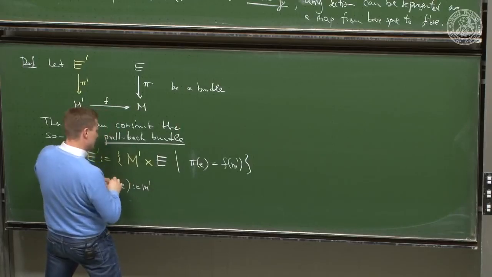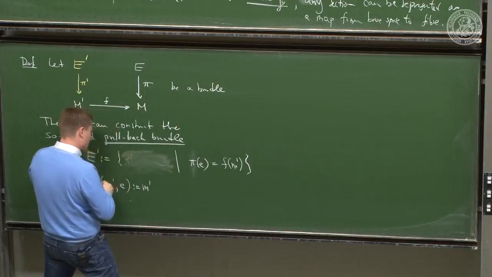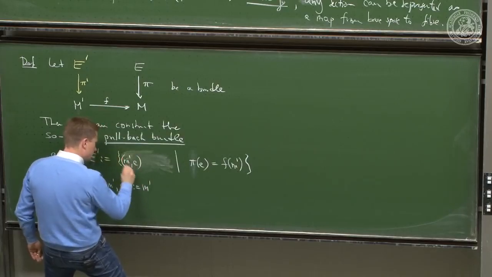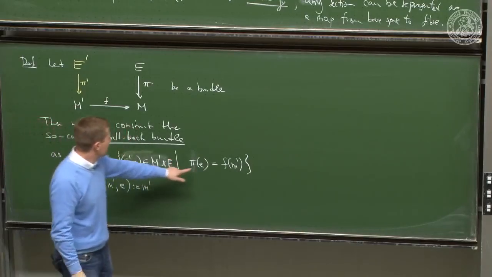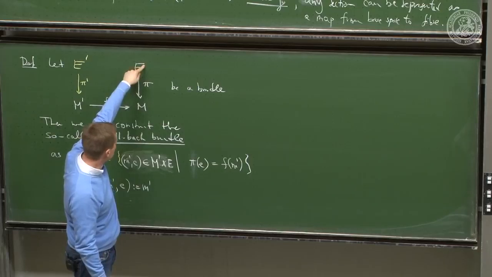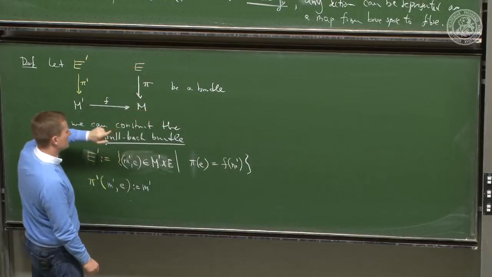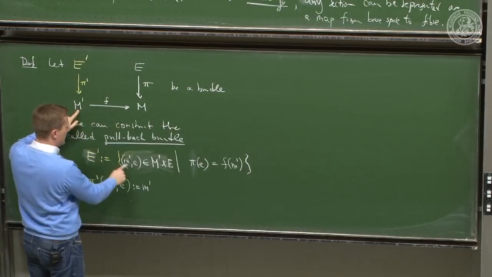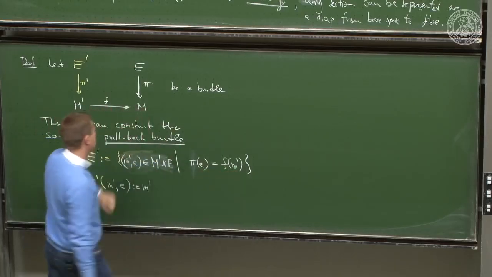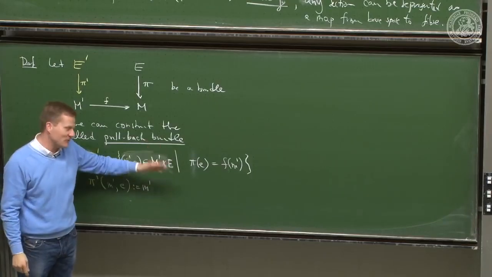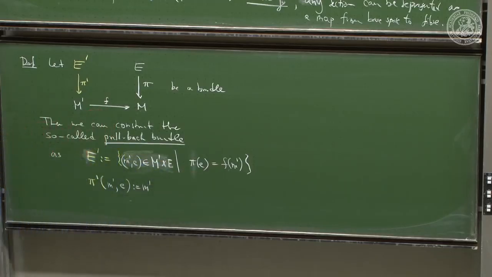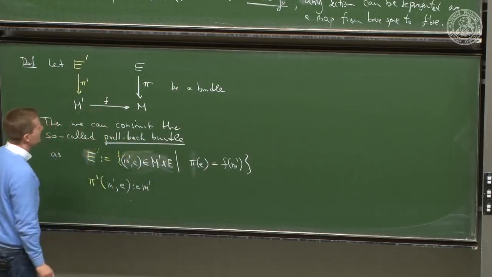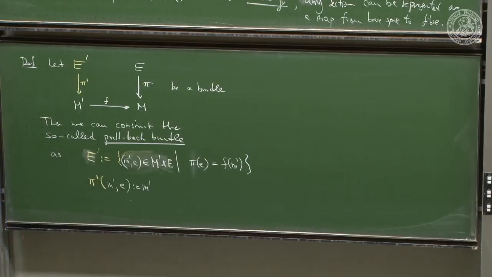I only take those m prime, E out of this M prime cross E that satisfy this condition, that I project the E down by the pi, and I obtain the same as if I had taken the m prime and mapped it by F over here. So I'm sorry, it's of course not the entire space, it's a huge space, but I only take those elements that satisfy this condition. Okay? I'm sorry, so that took a second. So that's the pullback bundle here. Okay, it's the pullback bundle.